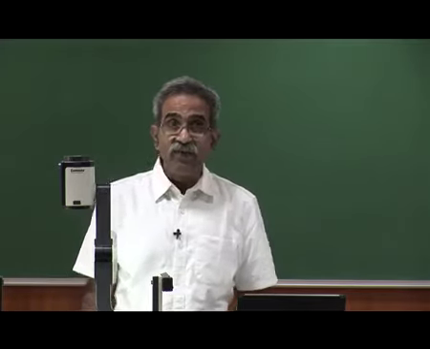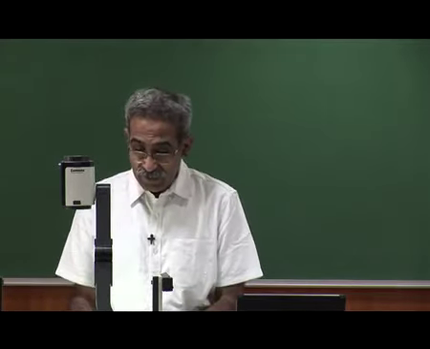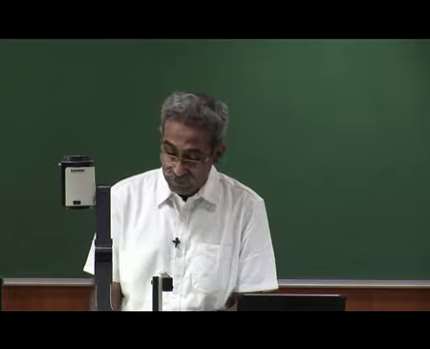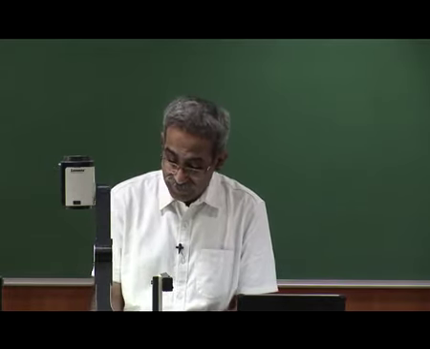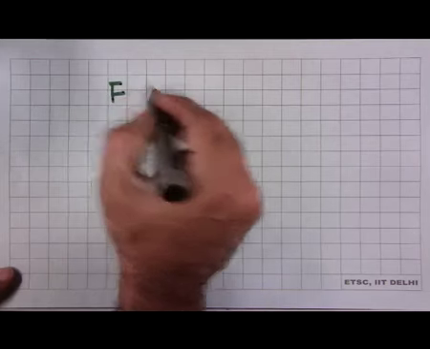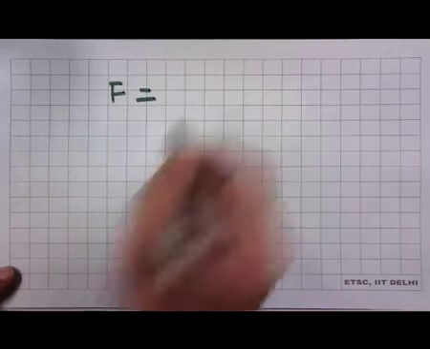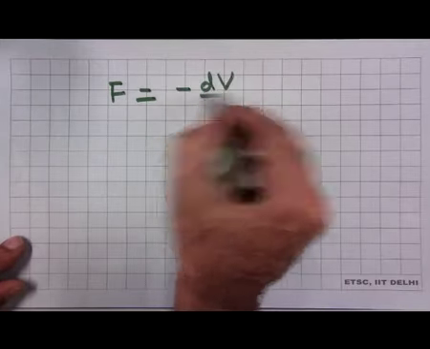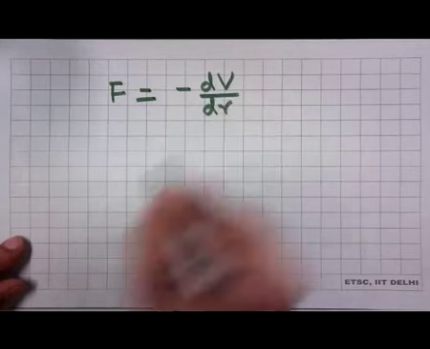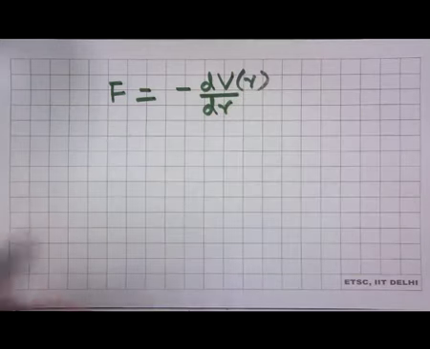If you guarantee for me that the work done is indeed independent of the path, then again you will learn in your higher classes that this f can be written as, let us assume that it depends only on the distance, the derivative with respect to r of a potential.